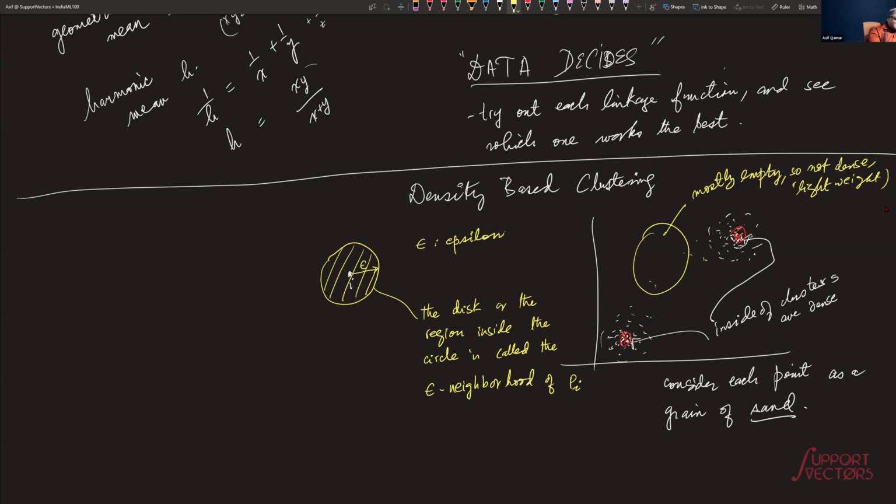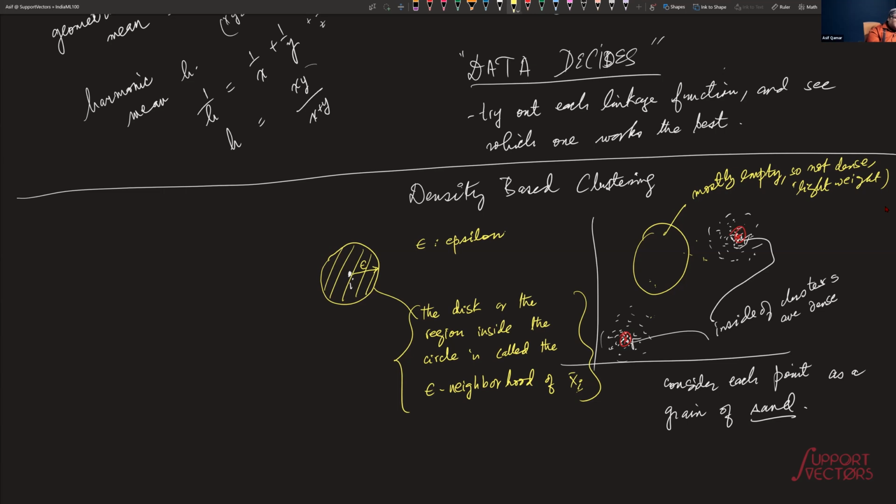So far, so good, guys? Let me use xi, because we have been using x for data, for features. So xi, of this point. Is this looking simple? The region that I have shaded is the neighborhood of this point.